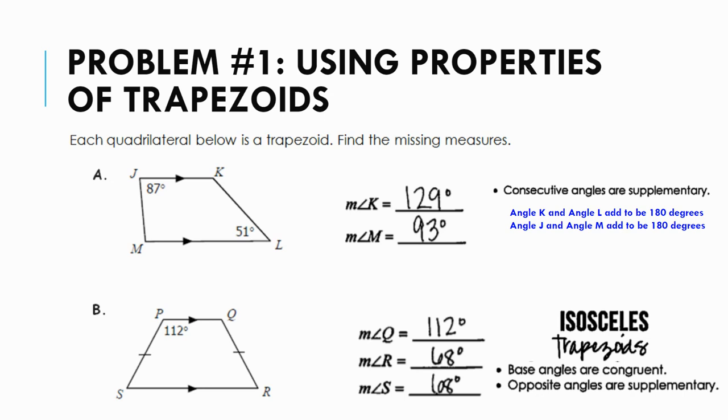So then let's move on to problem B. Now you can see that PS and QR are congruent, so therefore it's going to be an isosceles trapezoid. So now I'm going to look over my properties of isosceles trapezoids. Right now I know that my base angles are congruent. So that means that P and Q are going to be congruent. Well, if this is 112, then P is going to be 112.